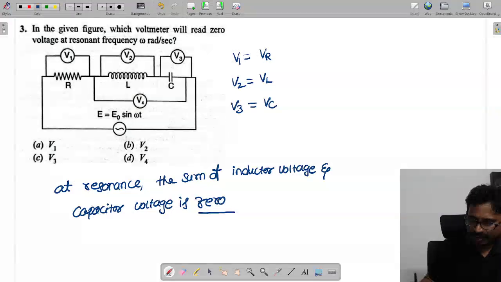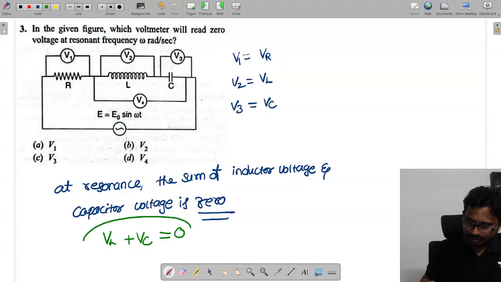The sum of inductor voltage plus capacitor voltage is 0 under the resonance condition. That means VL plus VC is equal to 0.